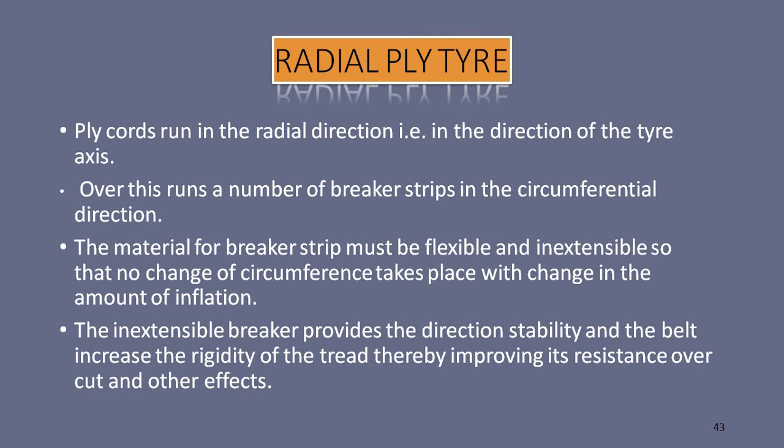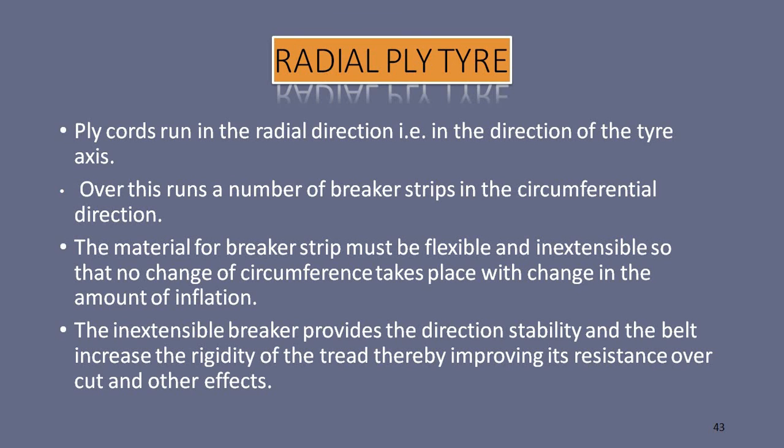Radial ply tire: the ply cords run in the radial direction, that is, the direction of the tire axis. Over this run a number of breaker strips in the circumferential direction. The metal for the breaker strip must be flexible and inextensible so that no change of circumference takes place with a change in the amount of inflation.